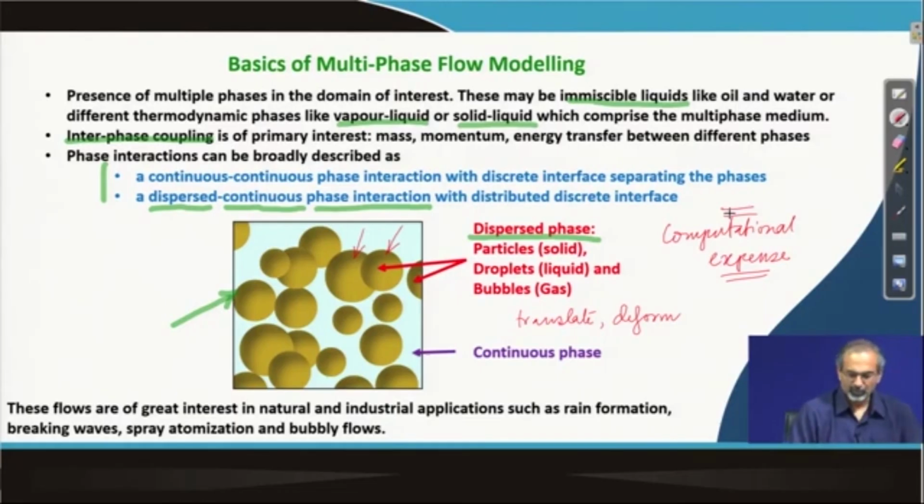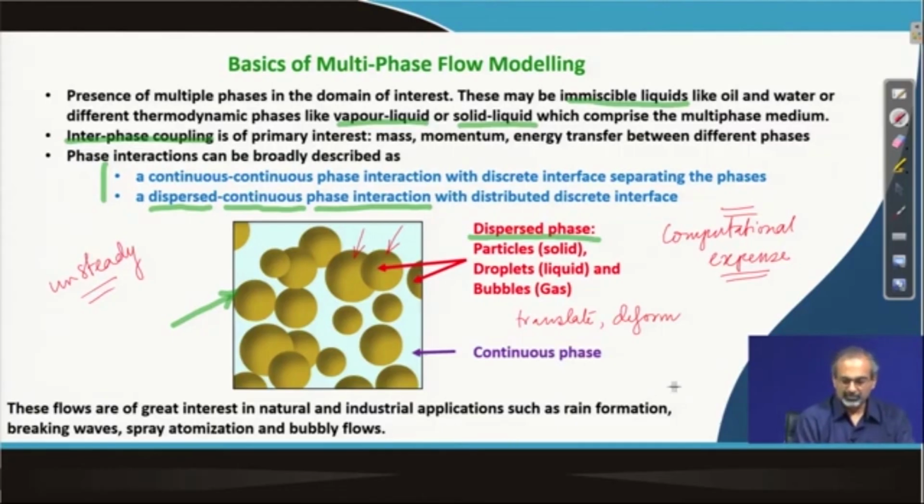And of course, these interfaces are unsteady, that means they are going to move with time, they could also deform with time, and we will talk more about governing equations which address the distribution of these phases and how we can handle the conditions at the boundaries a little later in later slides.